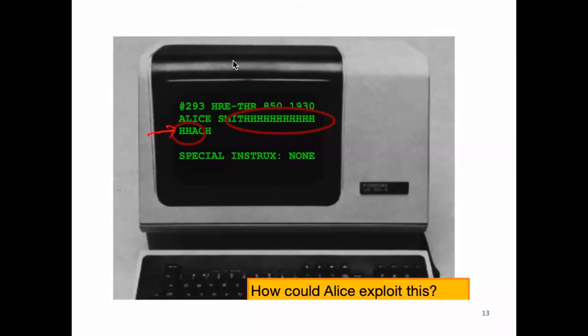Now as a hacker, you want to take advantage of this vulnerability, and this may not be a crime actually. You are doing your best from your side, and if the system is bad, what can you do? Now instead of H's, you put something so that economy class becomes coach class, or first class, or business class, something like that.